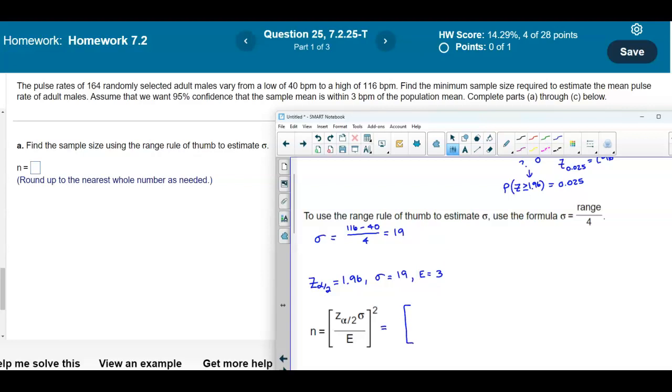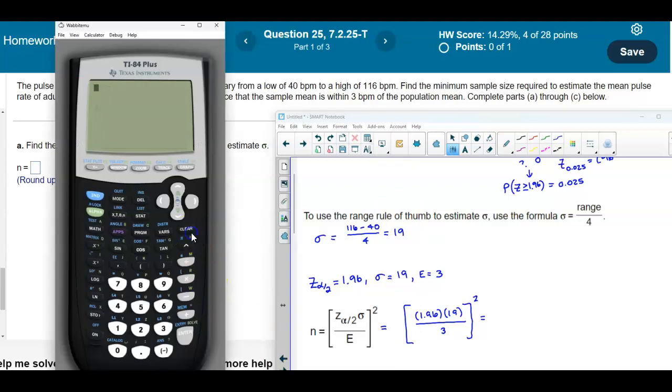The formula takes the critical Z value, multiplies it by the standard deviation, divides it by the margin of error, and then squares that result. So we take 1.96 times 19, divide that by 3, and square that result.